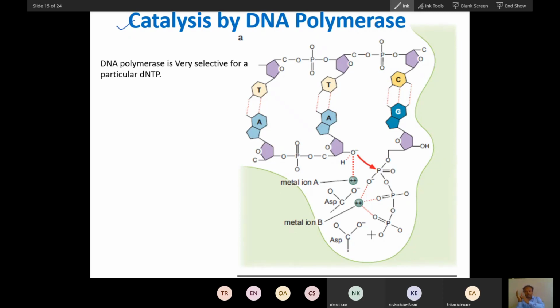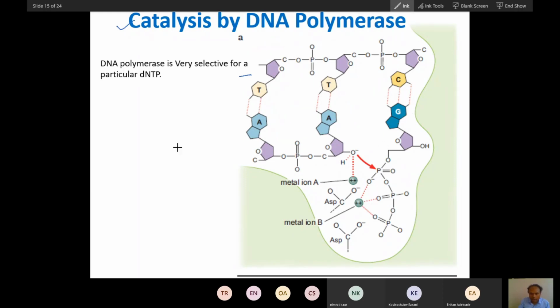You can see this is DNA, and this is the new DNA formation. This is the single-stranded old DNA, and with this DNA you can see this nucleotide. Nucleotide addition is always DNA with DNA.